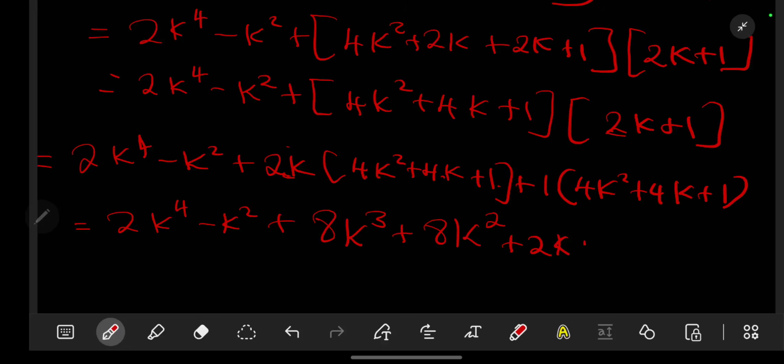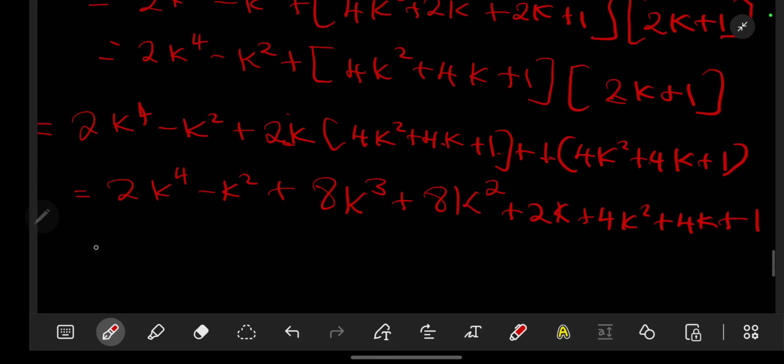So after doing that, we have plus 1 by k, it will be 4k squared, plus 1 by 4k, it will be 4k. Then plus 1 by 1, it will be 1, like that. So this gives us 2k to the power 4 minus k squared plus our 8k squared. So this and this, if you add this, what are you going to get?